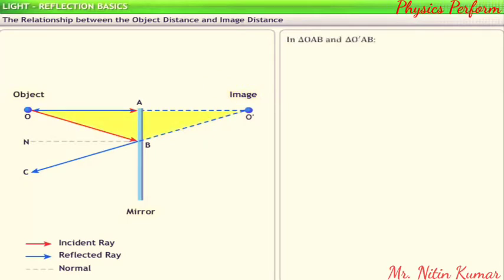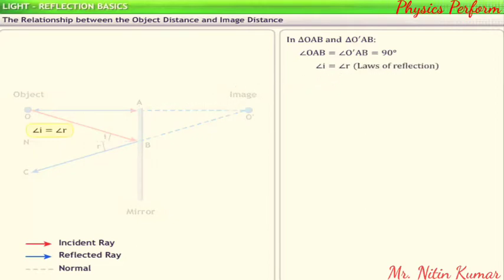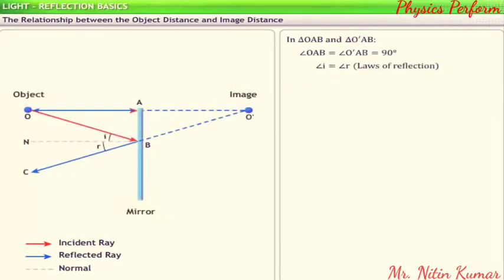In triangles OAB and O'AB, angles OAB and O'AB are equal to 90 degrees. Also, based on the law of reflection, angle I is equal to angle R. Angles on alternate sides of the transversal on two parallel lines are called alternate angles and are always equal. Here, angle I and BOA are alternate angles.